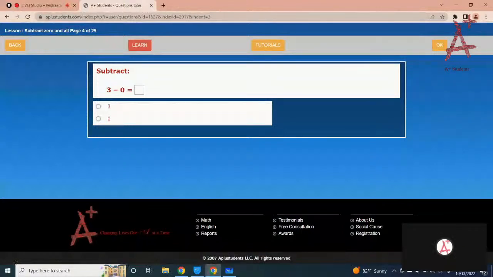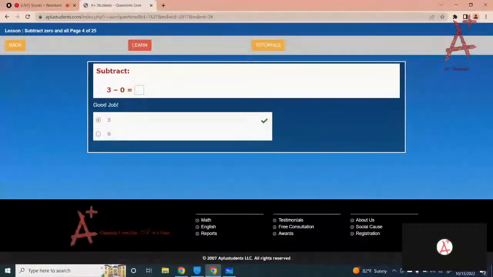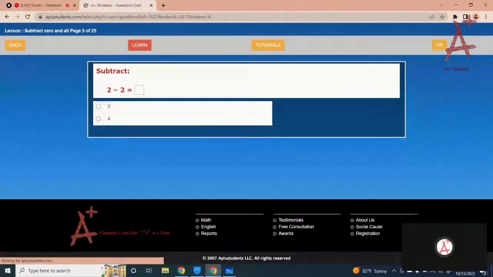Got it? So 3 subtract 0 is, when you subtract 0 from a number, the number stays the same. That means 3 subtract 0 changes nothing. The answer is 3. Got it? So select the correct option and click on the OK button.